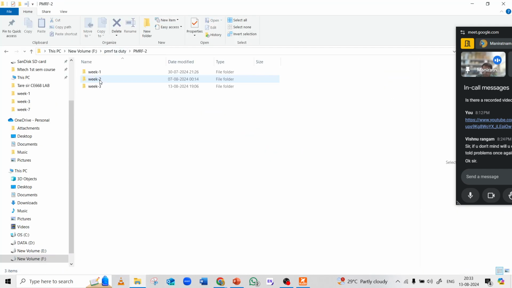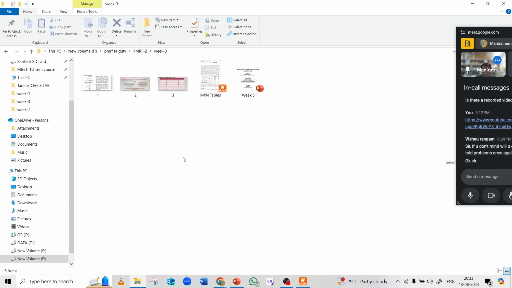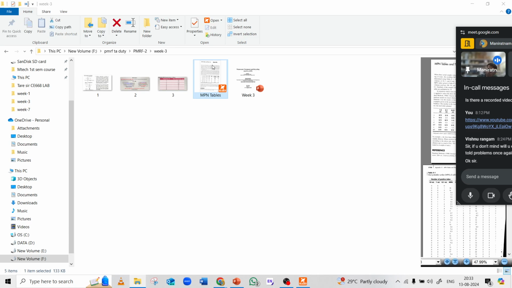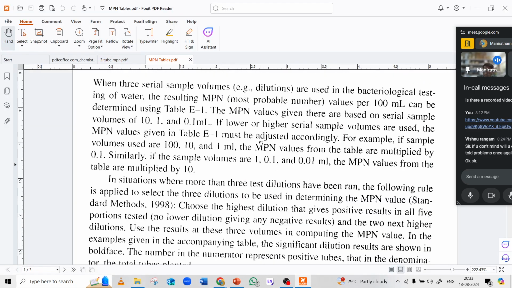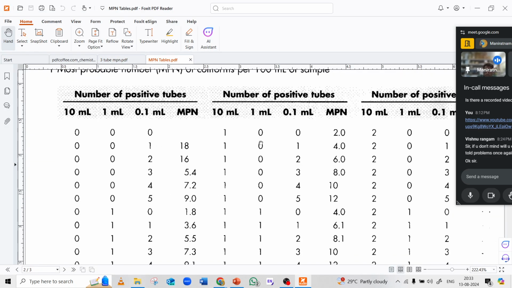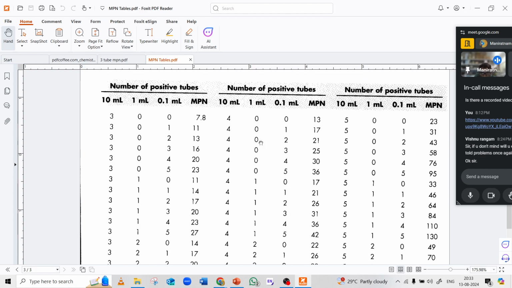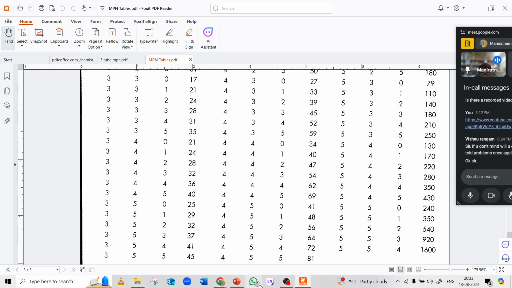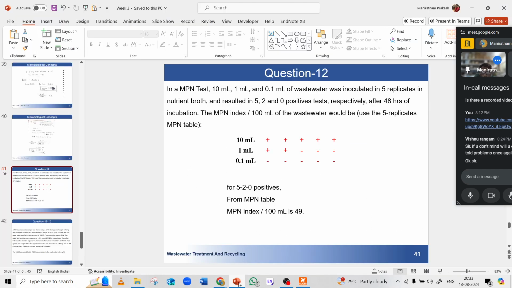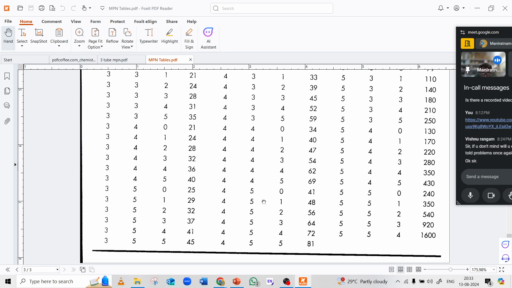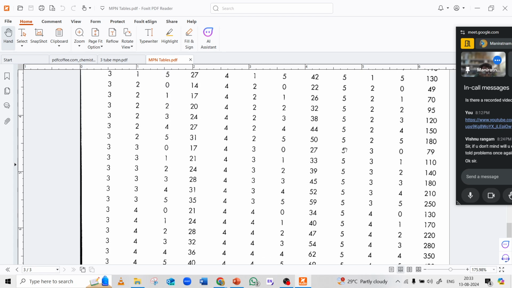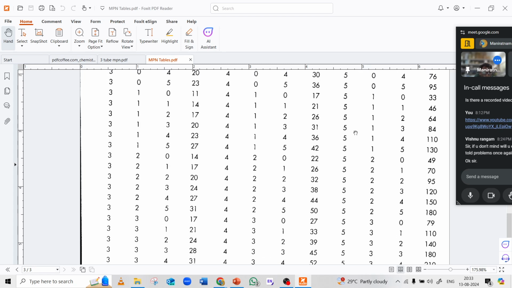Similarly, if you have done 3 tubes, you can use the three tube table. For this question we have used five tubes, so we will be using the 5 tube table. So what was our code? Our code was 520, and the MPN is 49.